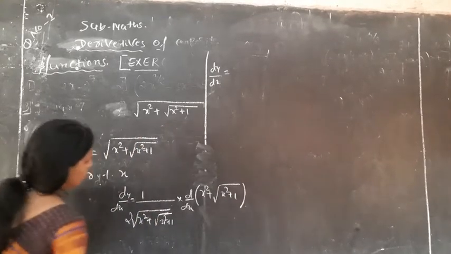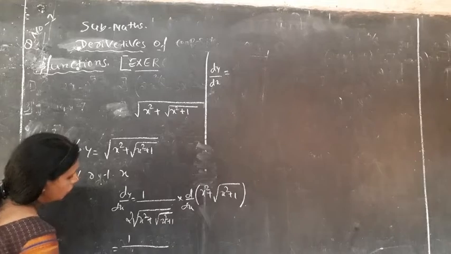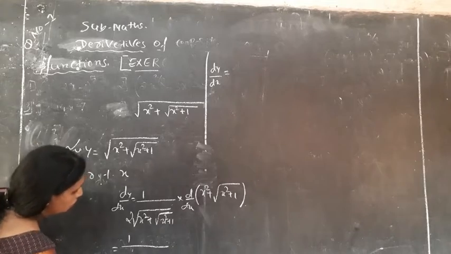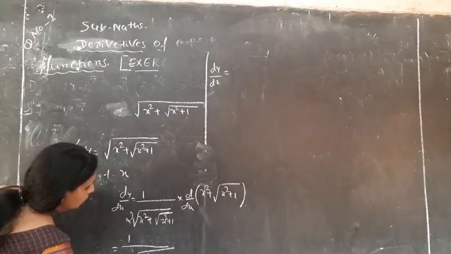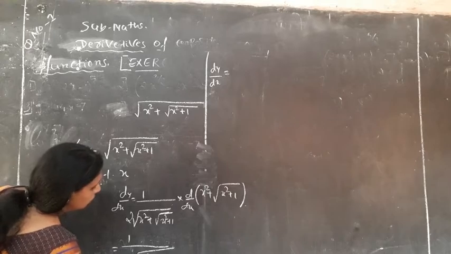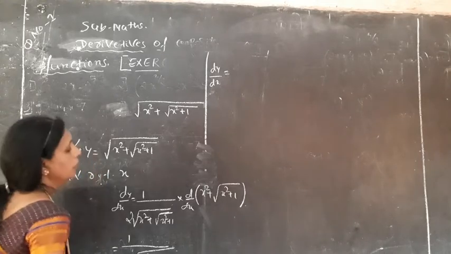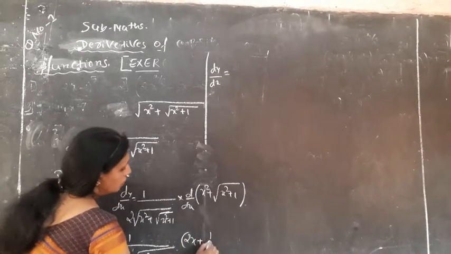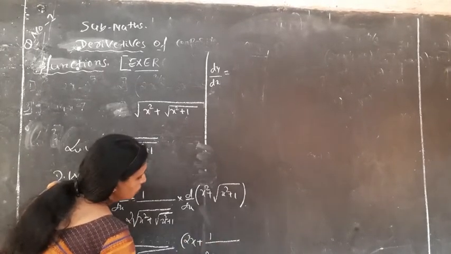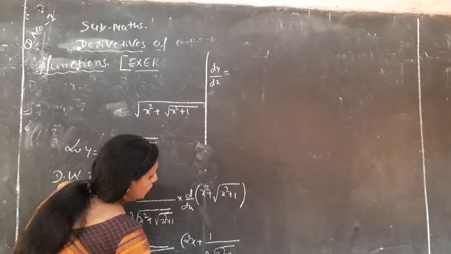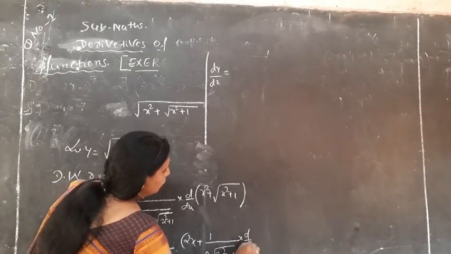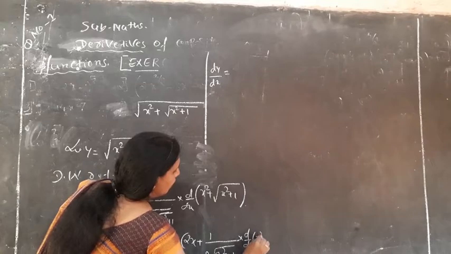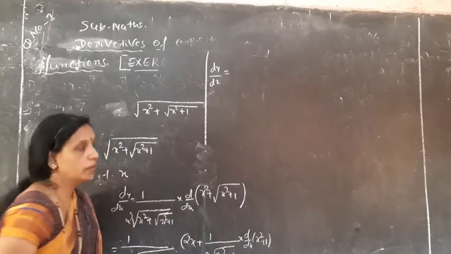Okay, now solve this. 1 upon 2 square root of x square plus root x square plus 1. Differentiation of this function is 2x. Once again, differentiation of root function is 2 square root of x square plus 1 into d dx of x square plus 1. Okay.